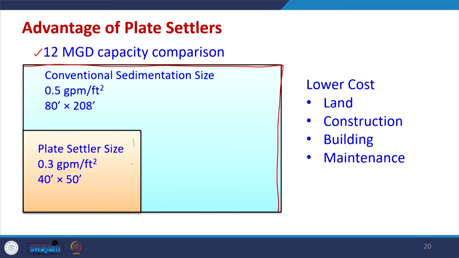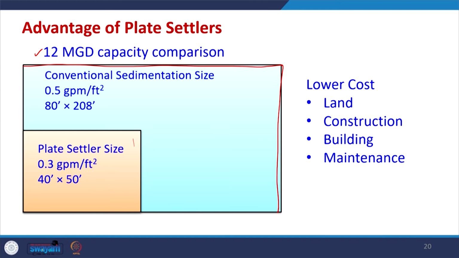So, we can see clearly that a lot of land space can be saved for the same capacity, or if the land space is the same, a very high amount of water can be treated in the plate settler in place of the conventional sedimentation basin.